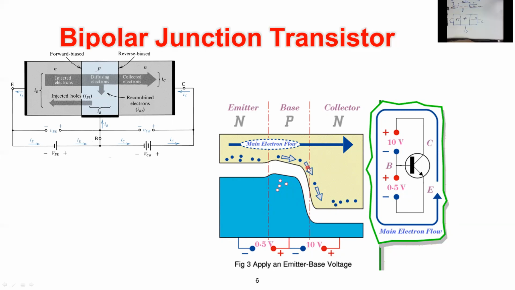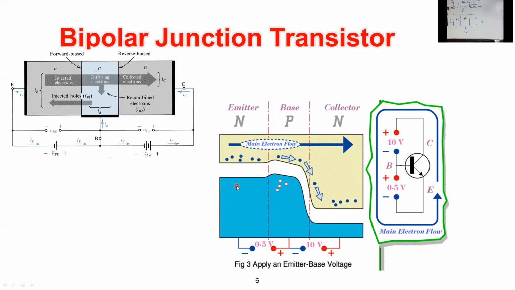But also, please don't forget that as long as you put this junction in forward bias, holes here, which are the majority in the P region, will start to move in this direction, because simply this is a forward bias junction. So holes will start to move in the left-hand side direction.